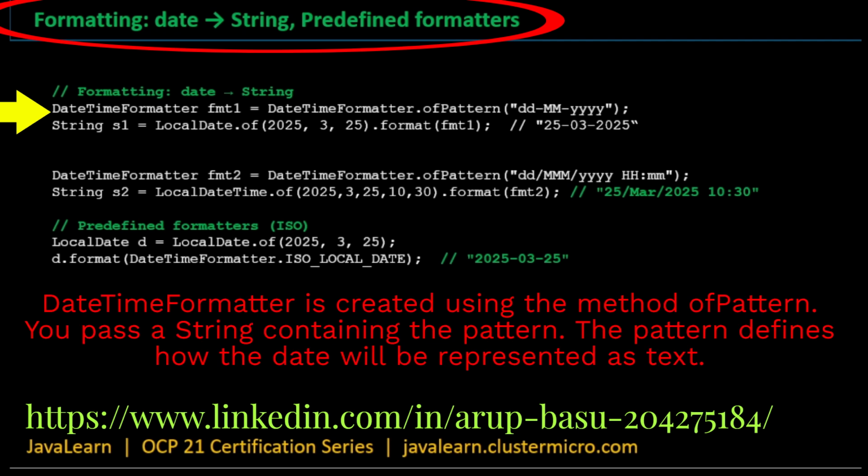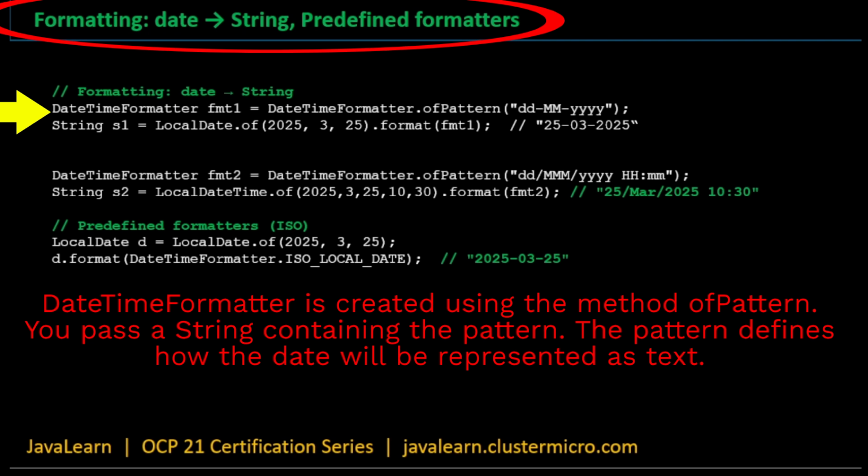So let me decode this pattern character by character. We have dd, which is lowercase d, 2 characters. This represents the day of the month with 2 digits. If the day is a single digit like 5, it is padded to 05. So March 25th produces 25, and then a dash, a literal hyphen. This is not a pattern letter, it is a literal character that appears as is in the output.